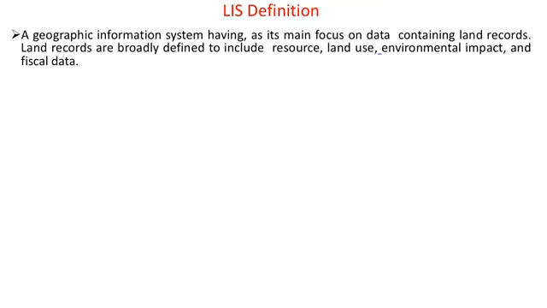A geographic information system that focuses on data containing land records, or that will support land administration and land management. Land records are broadly defined to include the resources of land use, environmental impact, and fiscal data.